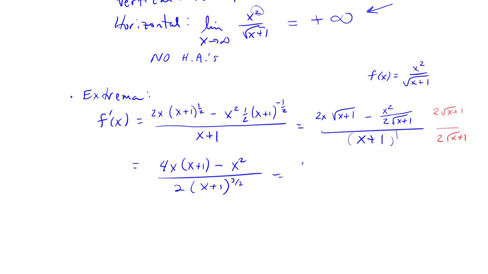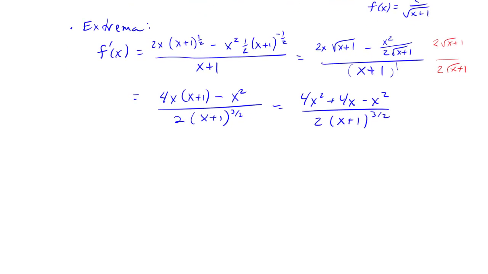So that's 4x squared plus 4x minus x squared over 2 times x plus 1 to the 3/2. So that is 3x squared plus 4x over 2 times x plus 1 to the 3/2.